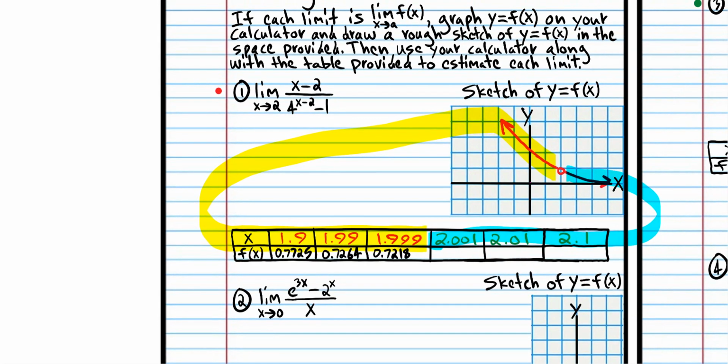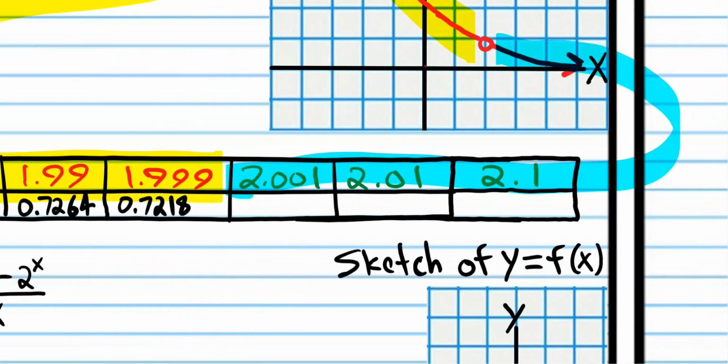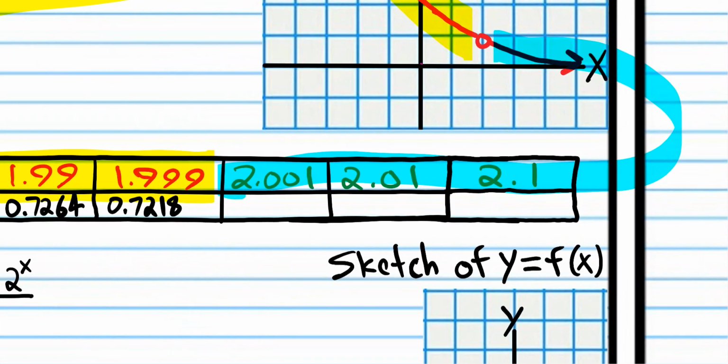So now we're going to push the blue second button at the upper left, and then the trace button at the upper right, and then enter, and then we're going to enter 2.1, and then enter. And we get 0.6725. Blue second button, trace button, enter, 2.01, and just keep doing this.